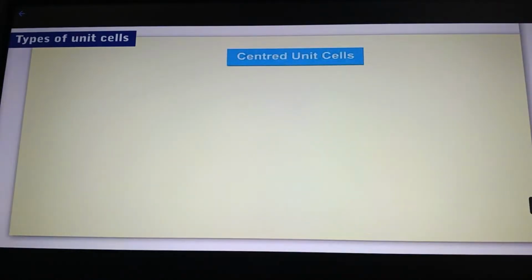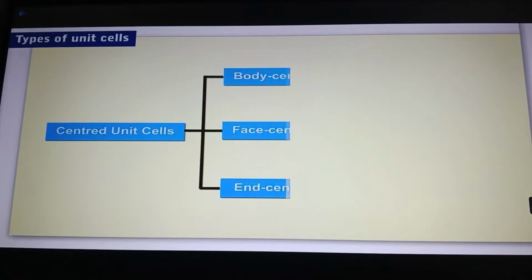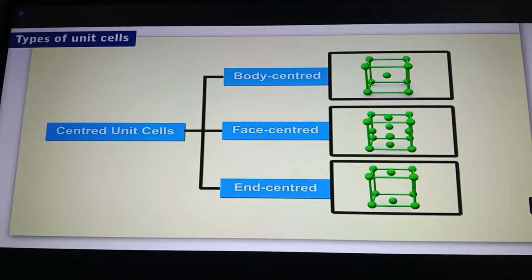Based on the position of the centered constituent particle, centered unit cells are characterized into three types: body-centered unit cell, face-centered unit cell, and end-centered unit cell. A body-centered unit cell has constituent particles at all its corners, as well as one particle at its body center, as shown here.